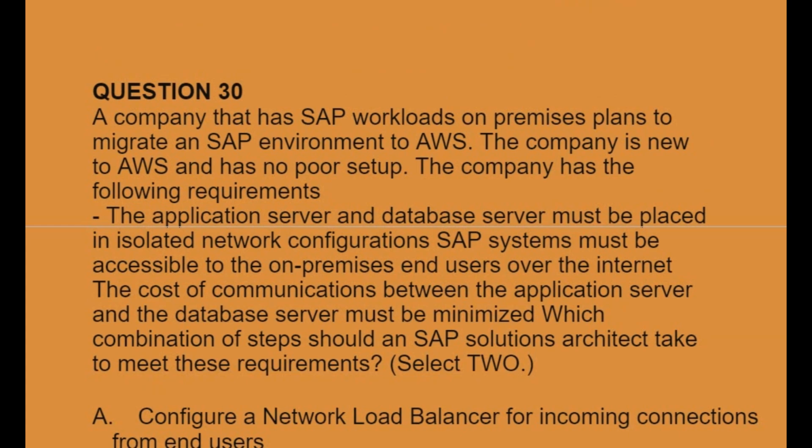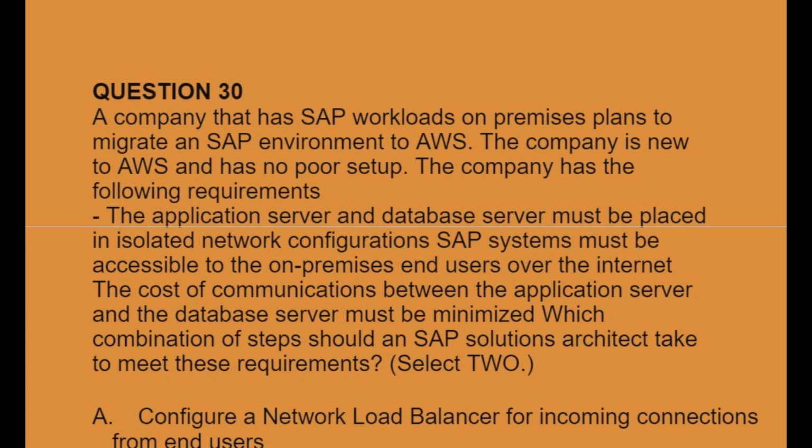Question is, a company that has SAP workloads on premises plans to migrate an SAP environment to AWS. The company is new to AWS and has no prior setup. The company has the following requirements. The application server and database server must be placed in isolated network configurations.